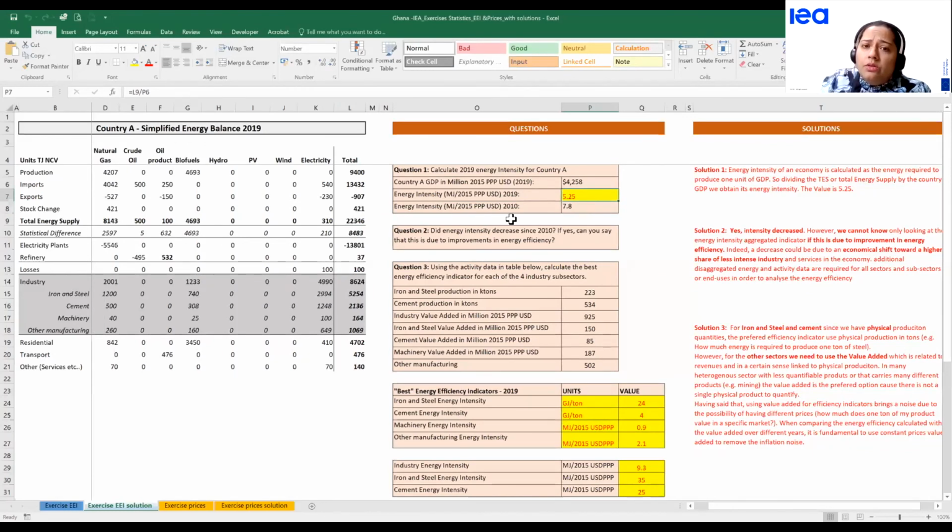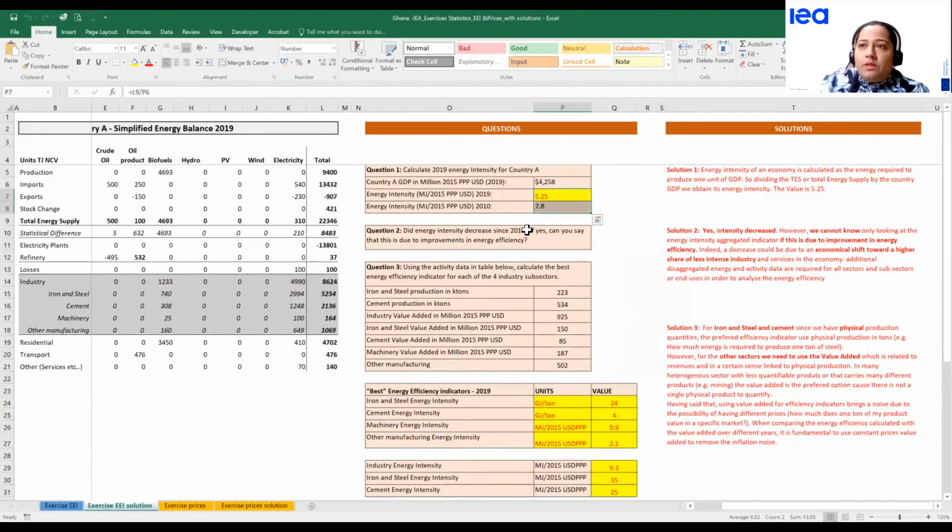And now you are also provided the information on energy intensity for 2010 here, so 7.8. And the second question is, did energy intensity decrease since 2010? If yes, can you say that this is due to improvement in energy efficiency? So here, yes, you can see that the energy intensity has improved because it's less than the 2010 value.